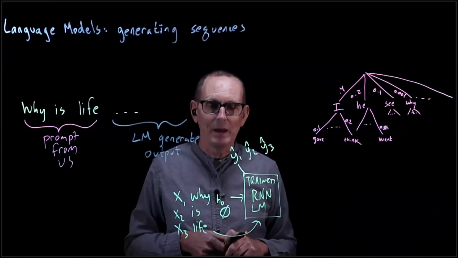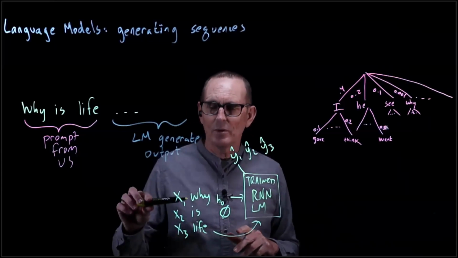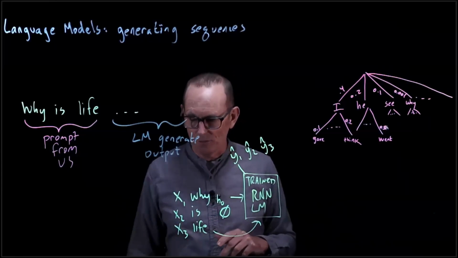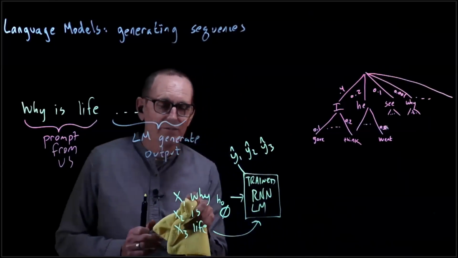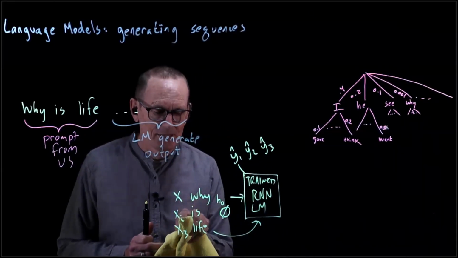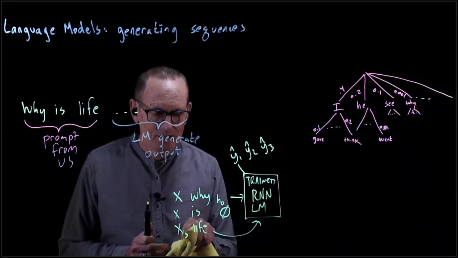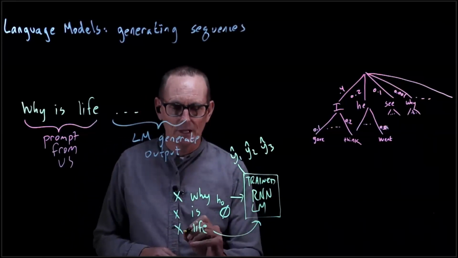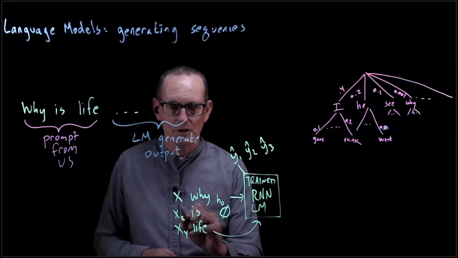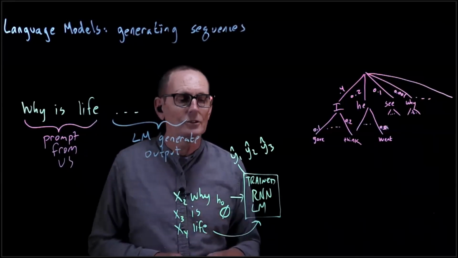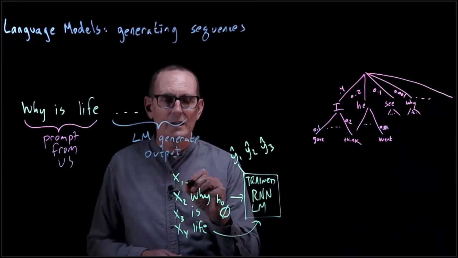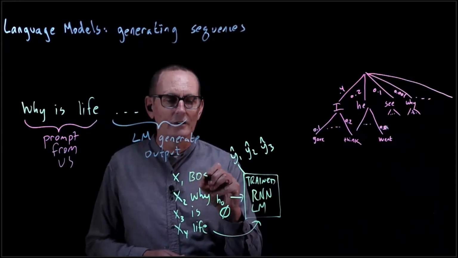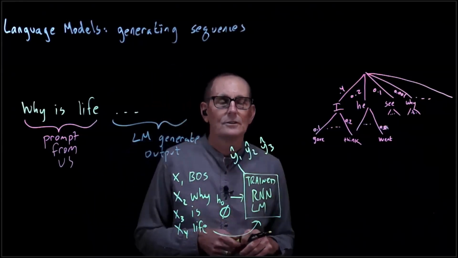Actually, I lied about something. We're not going to provide x1, x2, and x3 as "why is life." We're going to actually provide 4 inputs. What's that 4th input that we might want? So I'll help you out here. This is going to be x4, x3, and x2. What we'll actually put in is some beginning of sequence token, right?